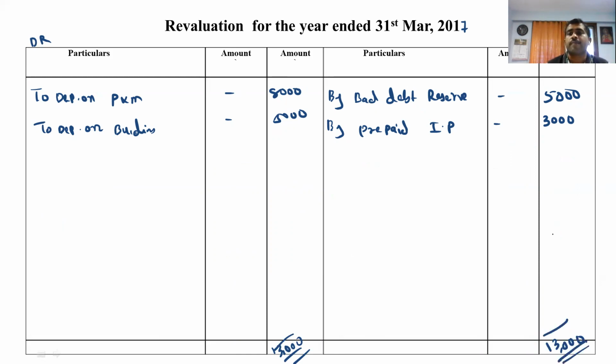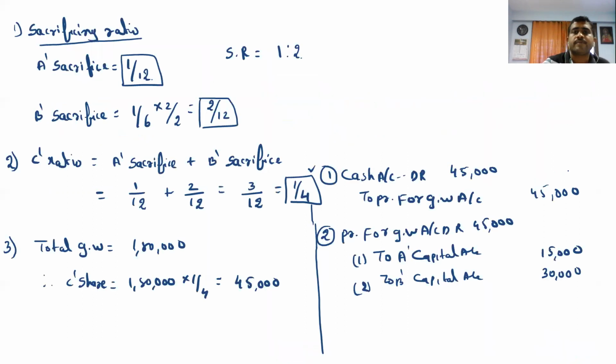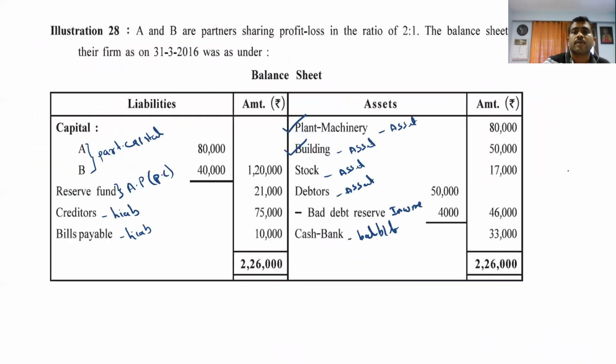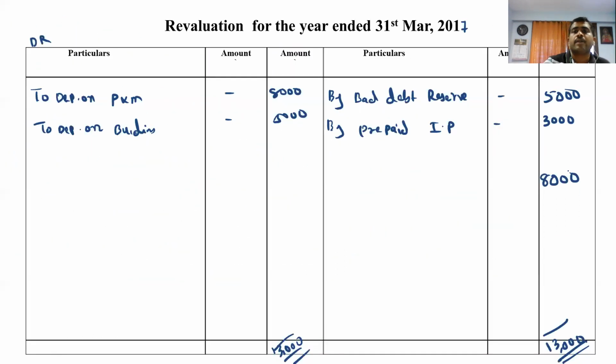What is the gap? Gap is of 8,000. Bad debt reserve is 4,000. Just 1 minute. Yes, my mistake. Bad debt reserve is 4,000, not 5,000.